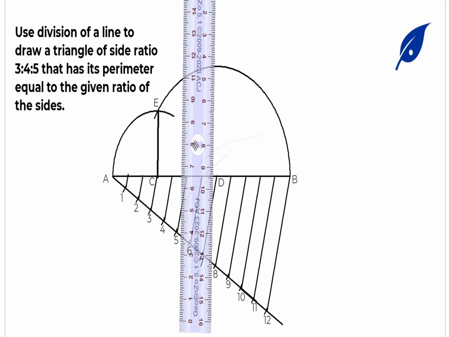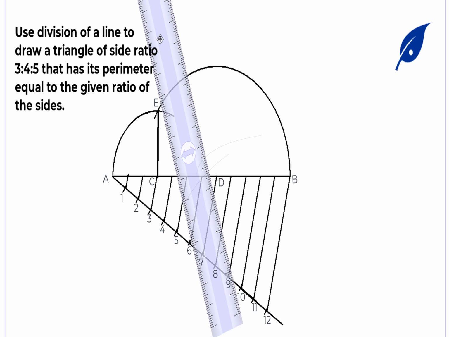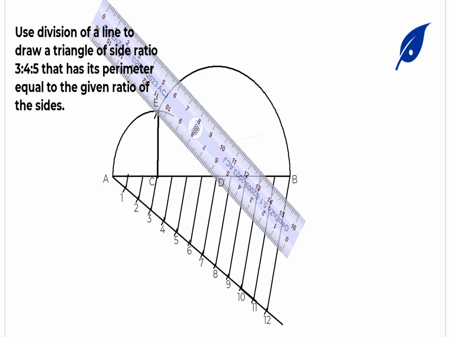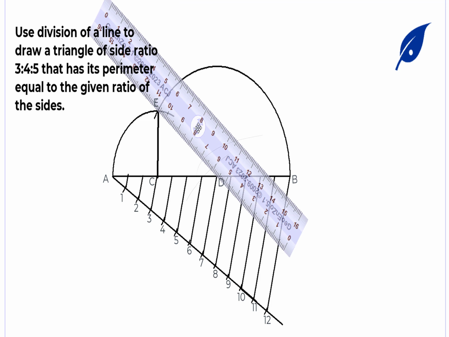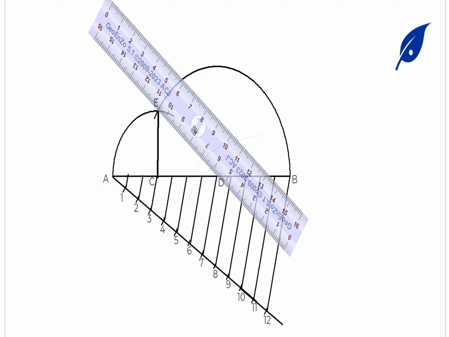So we tilt our ruler again so that we can connect it to the point D. Then from that point we'll get our triangle in the ratio of 3 to 4 to 5. So that is how we get our triangle.